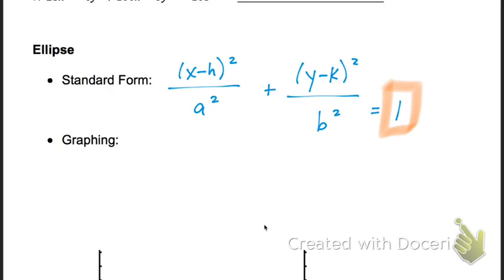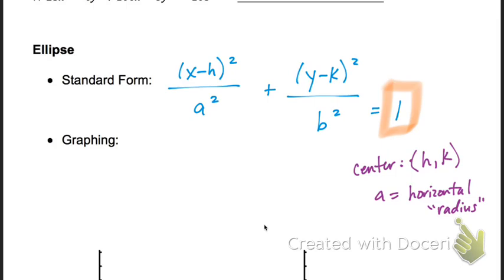Where you have your center is always going to be at, can you guess it? HK. And you're going to take the opposite sign. And then your A is going to be your horizontal, kind of like a radius.